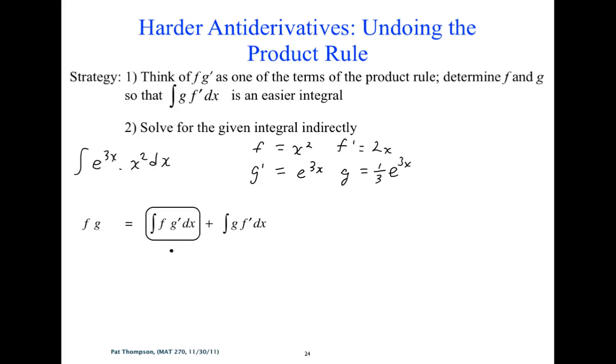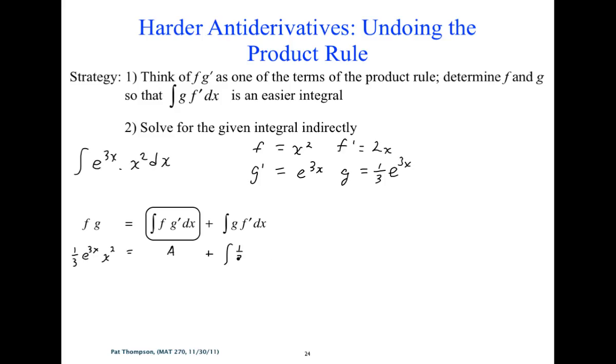So again, I'll call the answer A here. What would f times g be? X squared times 1/3 e to the 3x equals A plus, here's our new supposedly easier integral, right?